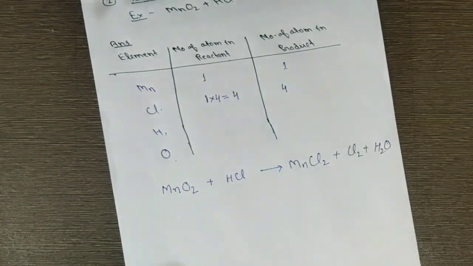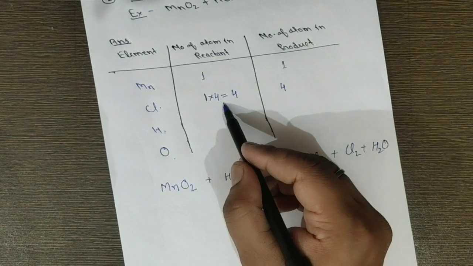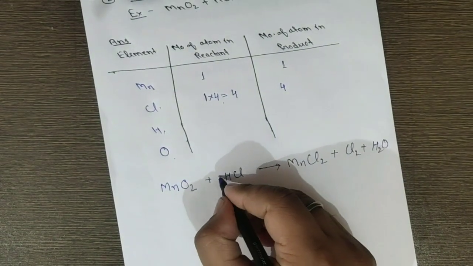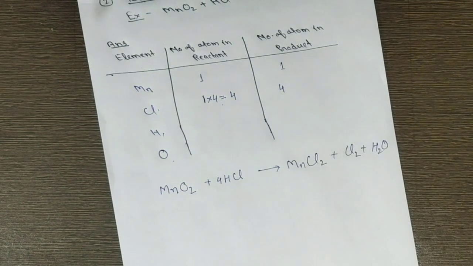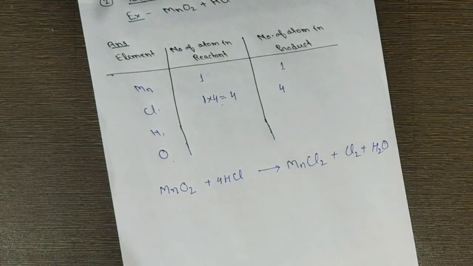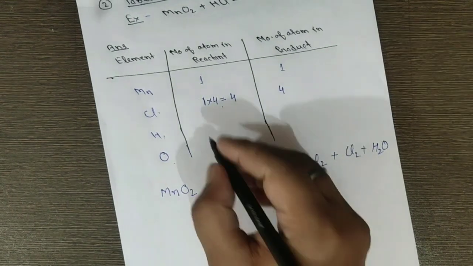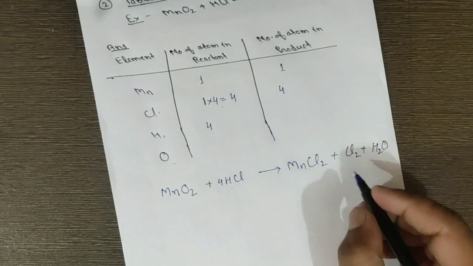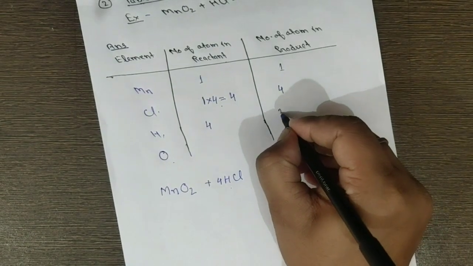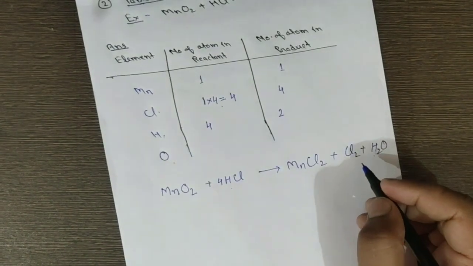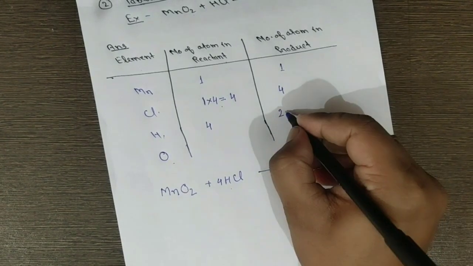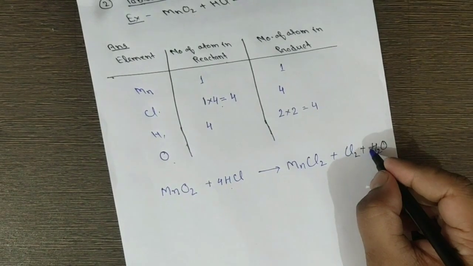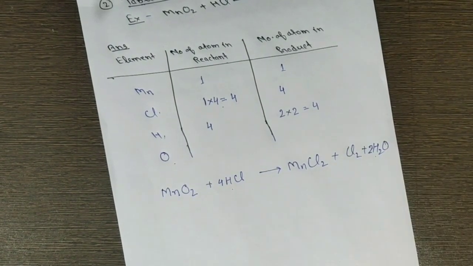When Cl becomes 4, the number of Cl atoms in the reactant and product is 4. But when we multiply by 4, it multiplies the whole compound HCl, so hydrogen also becomes 4 in the reactant. In the product hydrogen is 2. Then we multiply 2 with hydrogen, we get 4 hydrogen, and we write the 2 with H2O.